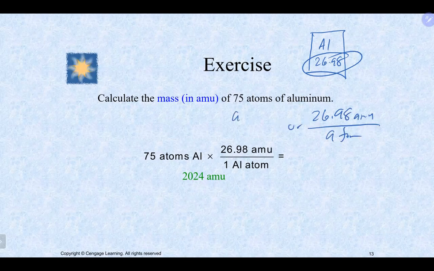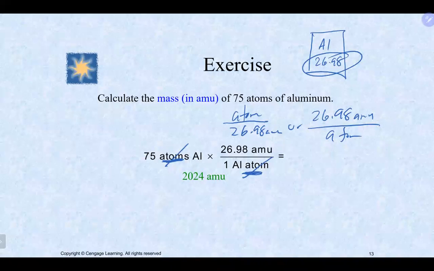And here we're starting with atoms, so we'll use atoms on the bottom so that they cancel, and that ends up giving us 2024 AMU as our atomic mass there of aluminum. Any questions on those calculations?